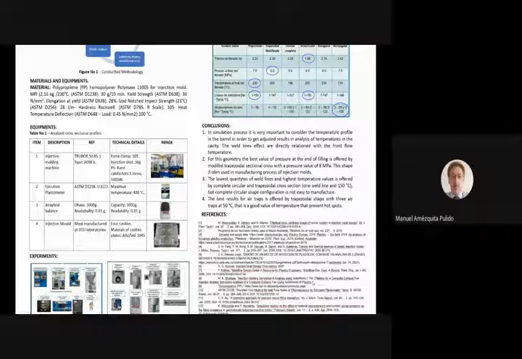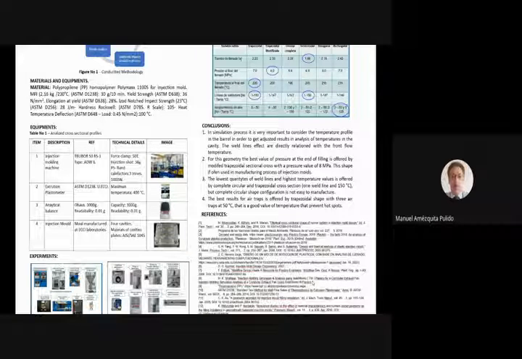Third, the lowest quantity of weld lines and highest temperature values is offered by the complete circular and trapezoidal cross sections, one weld line and 150 degrees. But the complete circular shape configuration is not easy to manufacture.